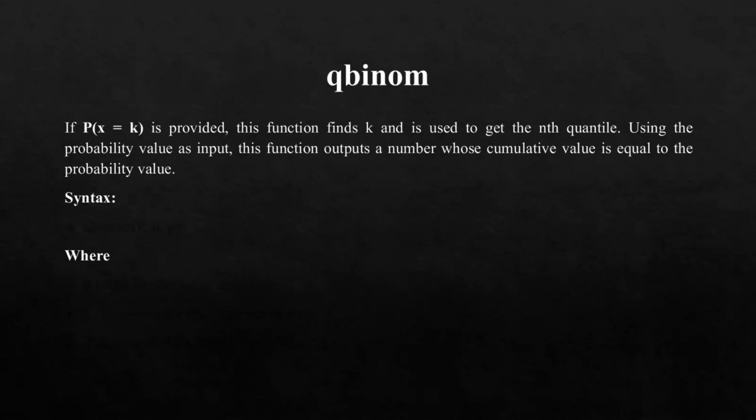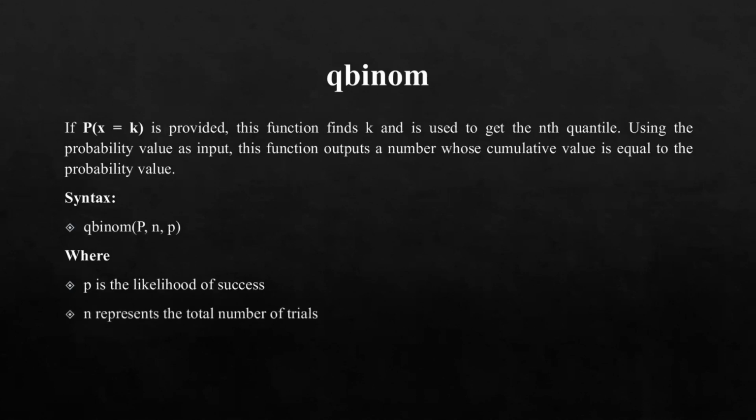The syntax is as follows. Just use the QBI norm keyword and then pass the parameters, where p is the likelihood of success, n represents the total number of trials, and capital P represents the probability. Now let's move to RStudio to see how it works.